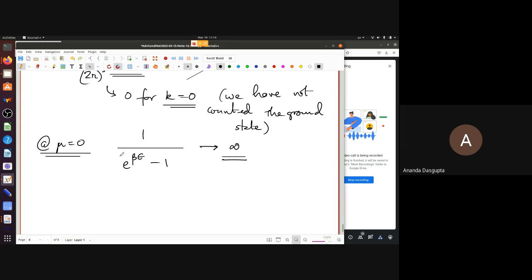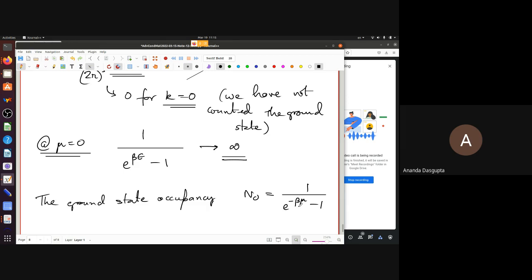Okay. Notice that the ground state occupancy, we're just looking at the ground state now, nothing else. N0 is given by 1 by e to the power minus beta mu minus 1, right?